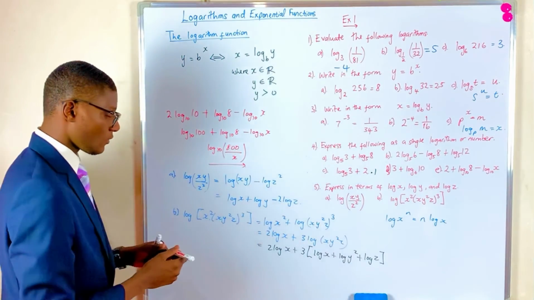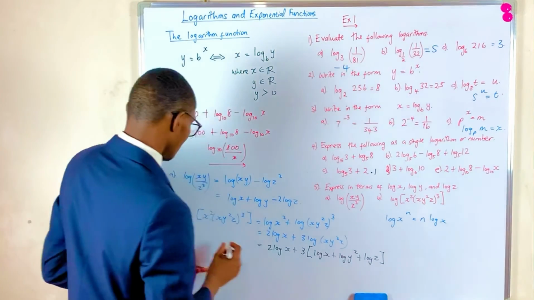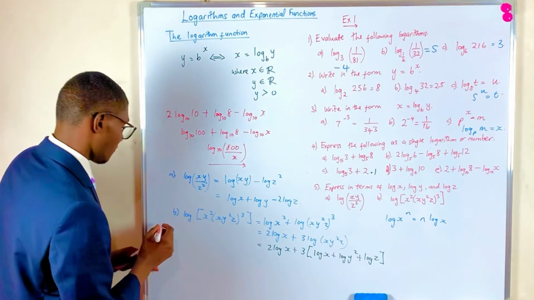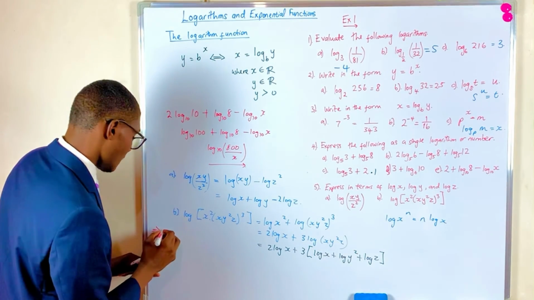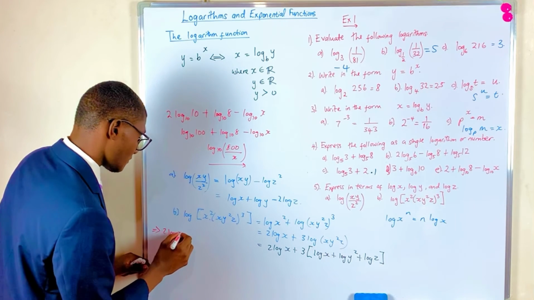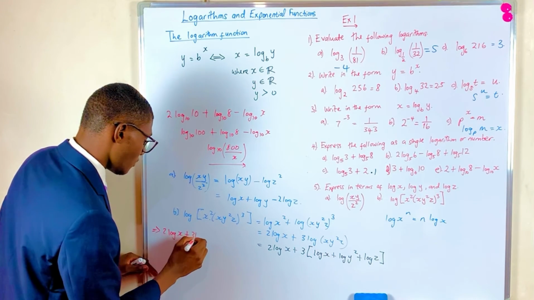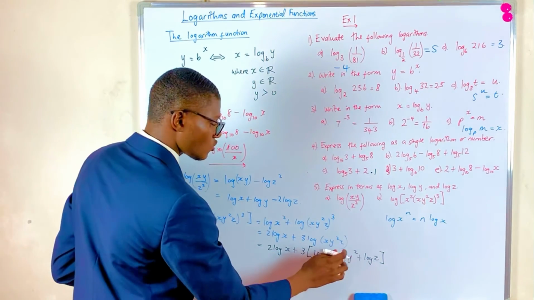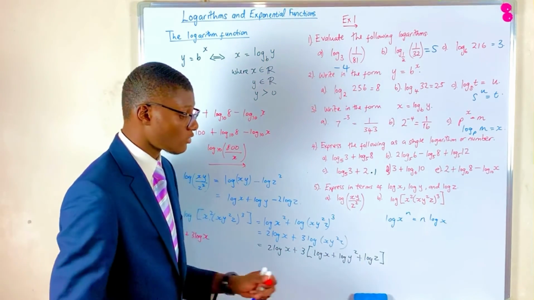And then you can further on write it, let me write it here. You can further on write it as 2 log x, right, plus 3 log x, right, and then this is 2. If we drop the 2 here, that will be 2 log y.